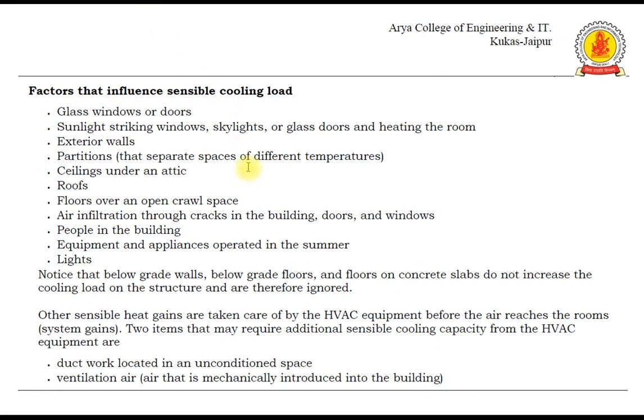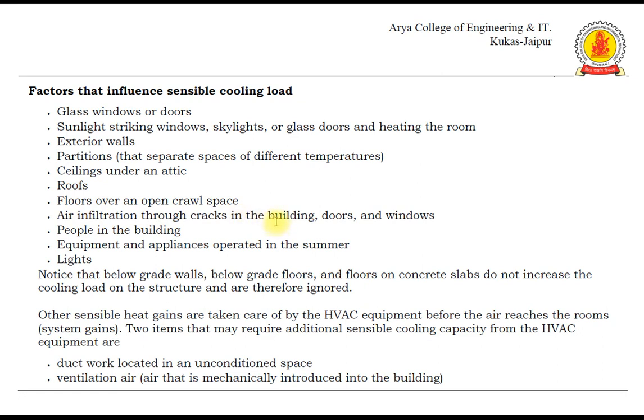Now there are many factors that influence the sensible cooling load, like whether our home has glass windows or glass doors, sunlight striking through windows, meaning orientation of the house, exterior walls and their material, partitions and type of partition, ceiling, roof and type of ceiling and roof, floor, open space, and air infiltration through cracks.